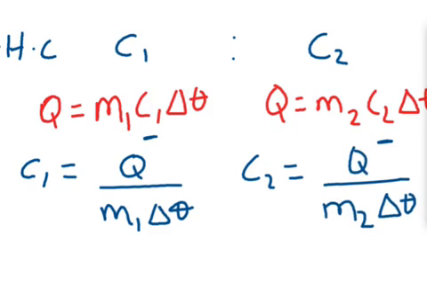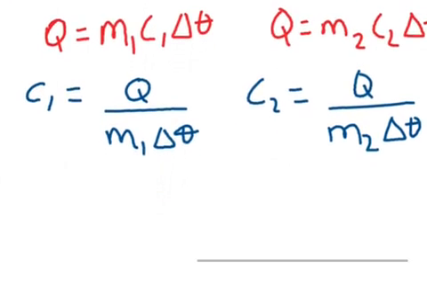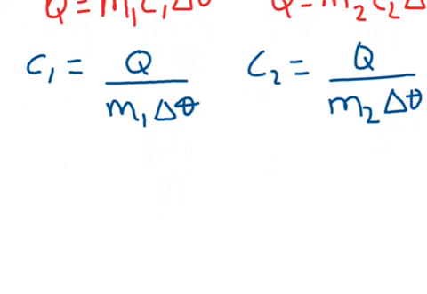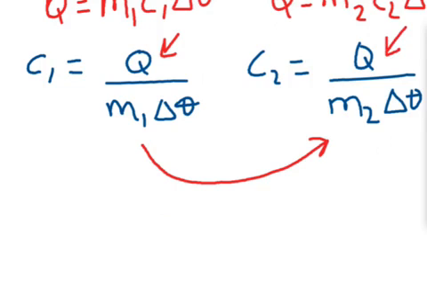Okay, so since both quantities of heat are actually the same, what we can do is that we can actually equate this case to this case, because in the first case, which involves object A, the quantity of heat is equal to Q, and in the second case, which involves object B, the quantity of heat is also equal to Q, because we were told that the quantity of heat present in both of the objects when they go to the ground is the same.